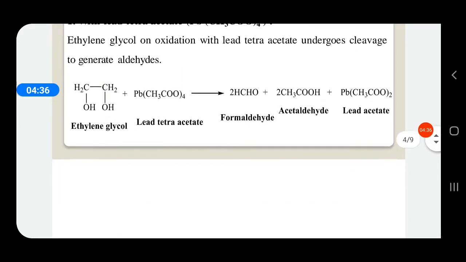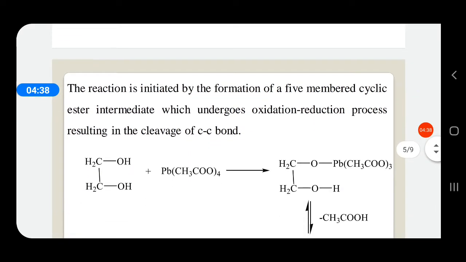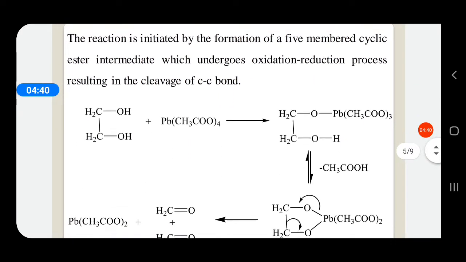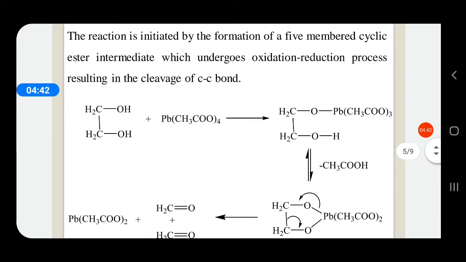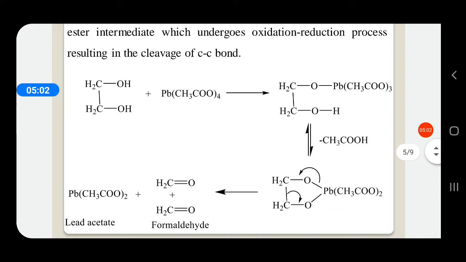Then how does this reaction take place? We can see the mechanism. The reaction is initiated by the formation of a 5-membered cyclic ester intermediate, which undergoes an oxidation-reduction process resulting in the cleavage of the carbon-carbon bond. Initially the ester is formed.